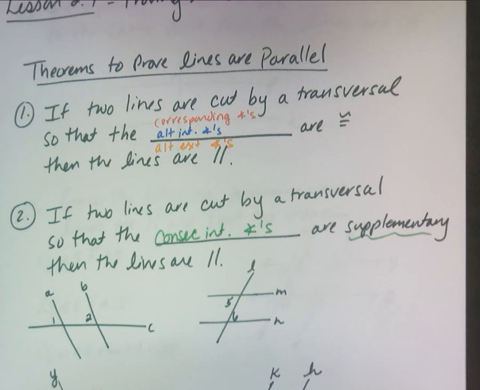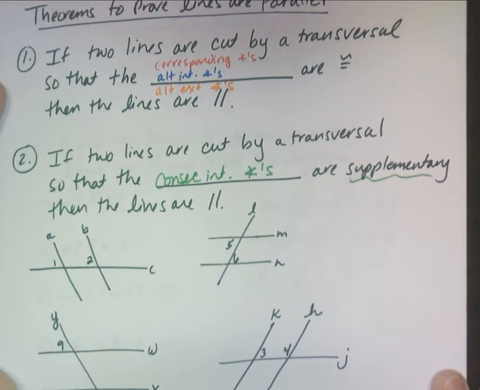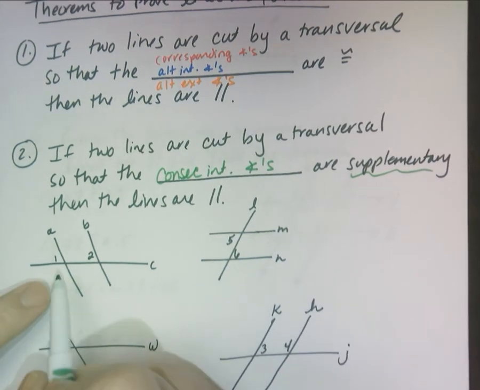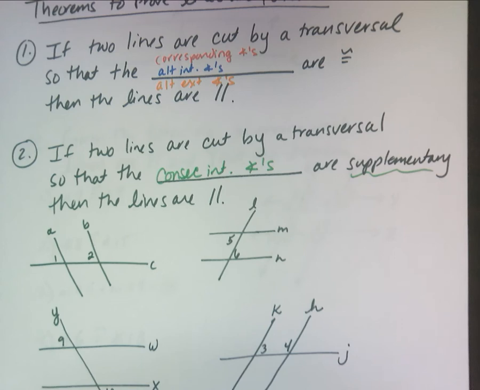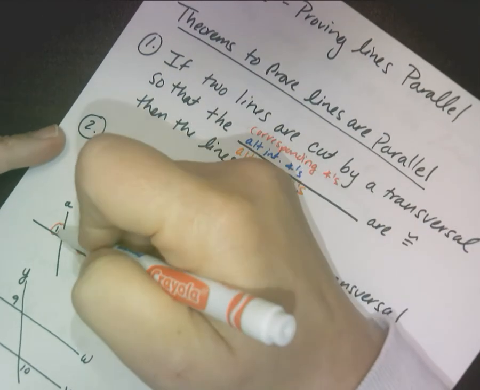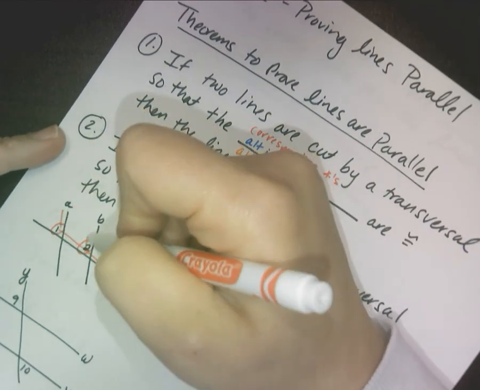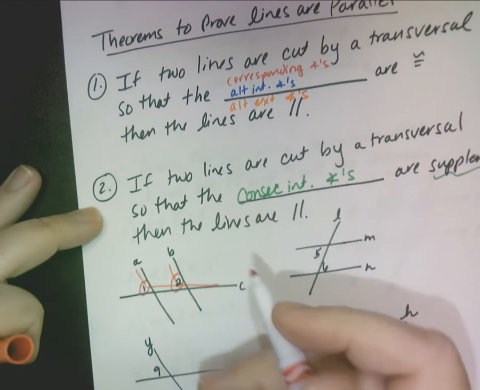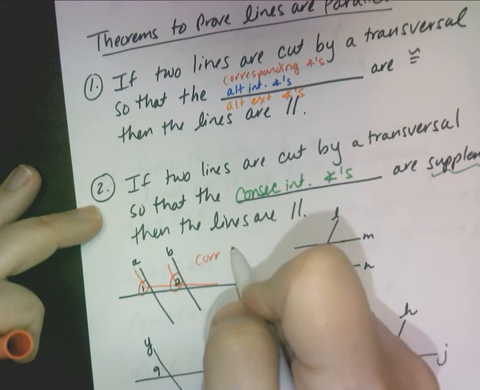So again, just to give you a visual of what this looks like, look at number 1 and number 2 right now. What kind of angles are those? If I turn it sideways, those are making that F shape, which are corresponding angles.